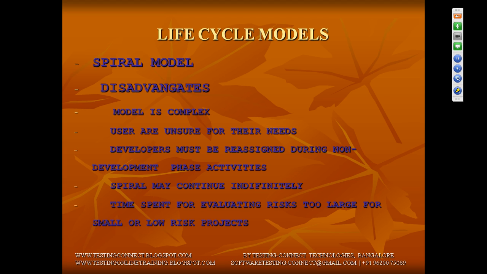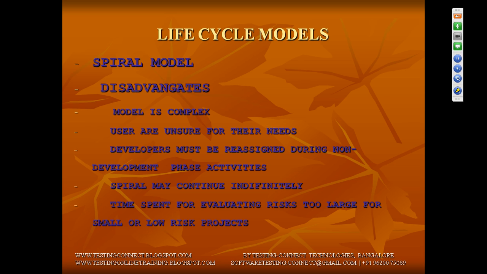The model is complex and users are unsure of their needs, that is the major drawback of this model. What exactly do clients want? They are not confident, so whatever comes into their mind they will give to you, so it's a little bit difficult to come up with this kind of model.